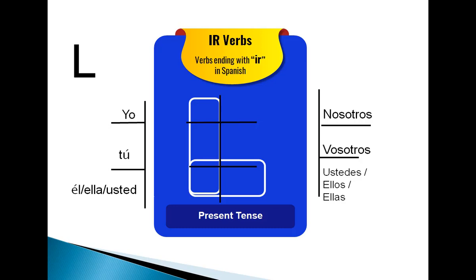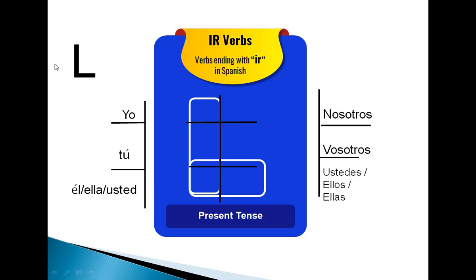So yes, we had a set of endings each for AR and ER verbs. And the ER verb endings were o, es, e, emos, éis, en, right? So you must have started thinking or tried to guess what the endings for IR verbs are.